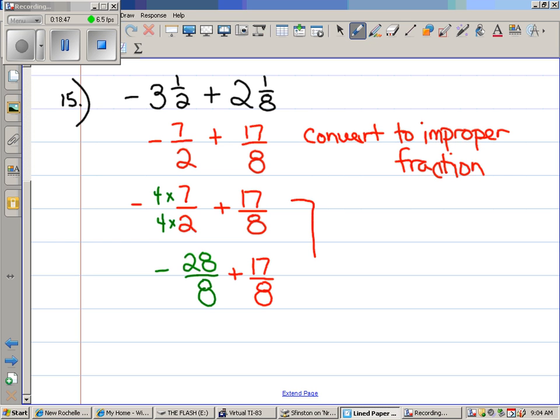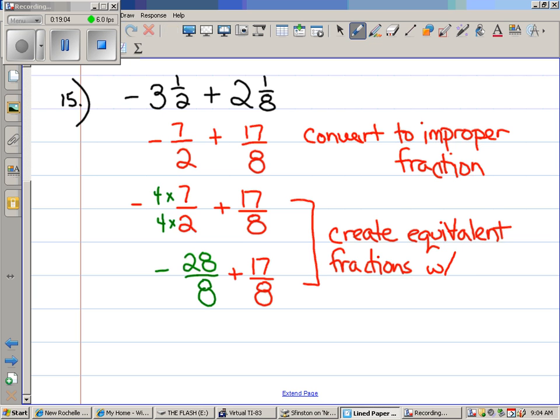So this is create equivalent fractions with common denominators.